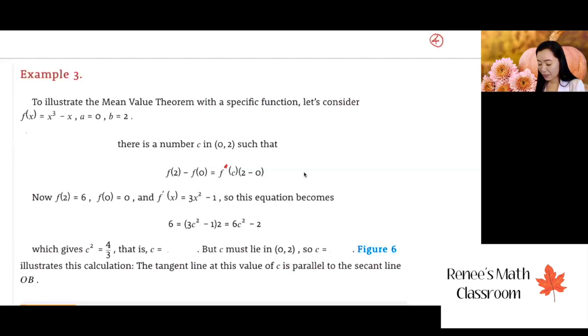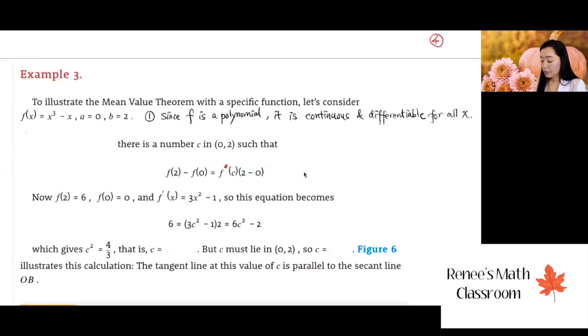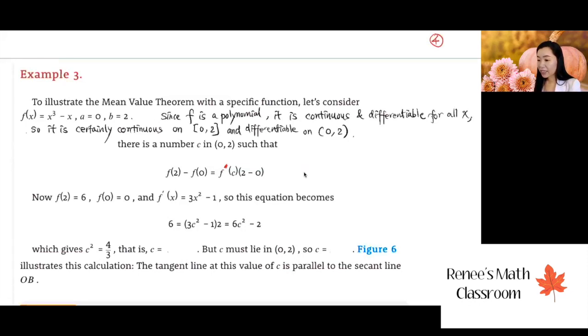So number one, the function is continuous on 0 to 2 because this is a polynomial function, so it has satisfied the first. Because the function is a polynomial function, it is continuous and also differentiable for all x. It is certainly continuous on the closed interval 0 to 2 and differentiable on the open interval 0 to 2. So it satisfies the two hypotheses of the mean value theorem.